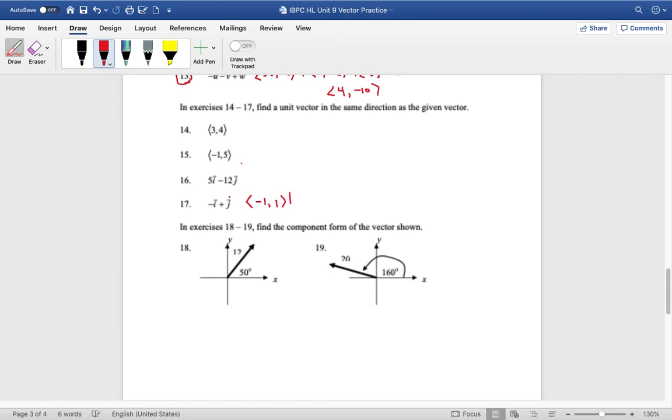Find the magnitude of that, which is super easy: square root of 1 squared plus 1 squared, aka the square root of 2. So the unit vector then would have the components negative 1 and 1, but each one of them divided by the square root of 2. Gee, those numbers look familiar.